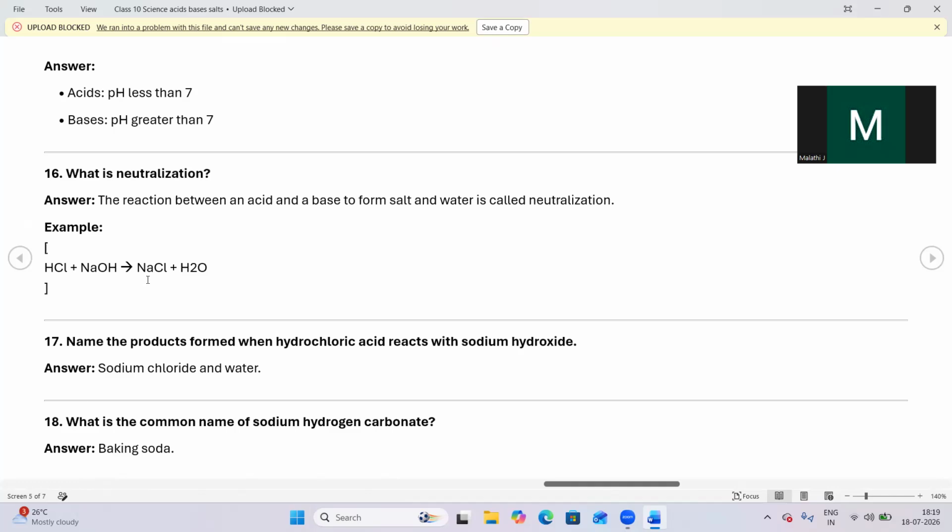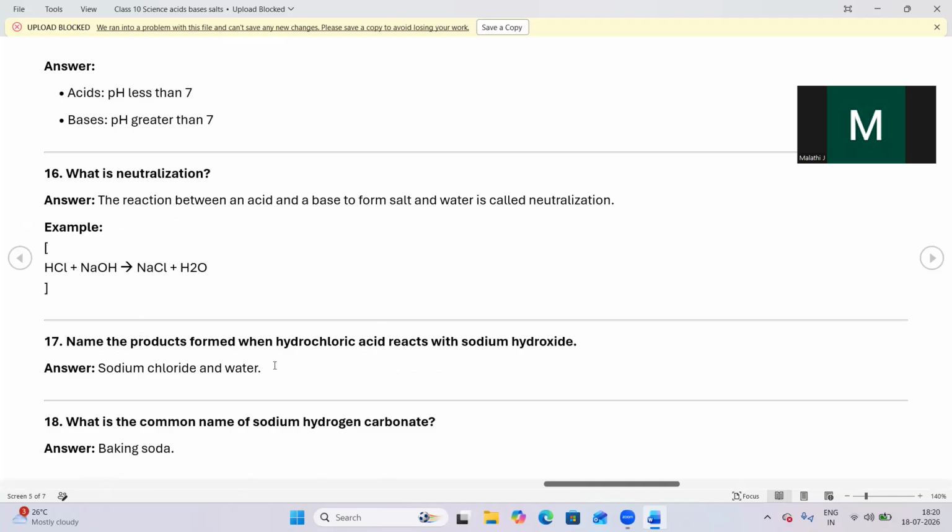That is a neutralization reaction. Then name the products formed when hydrochloric acid reacts with sodium hydroxide. Hydrochloric acid is an acid, and it reacts with a base. When an acid reacts with a base, we get a salt and water.